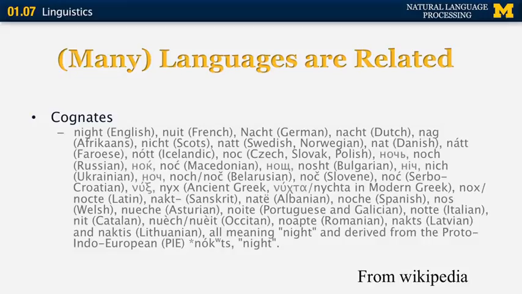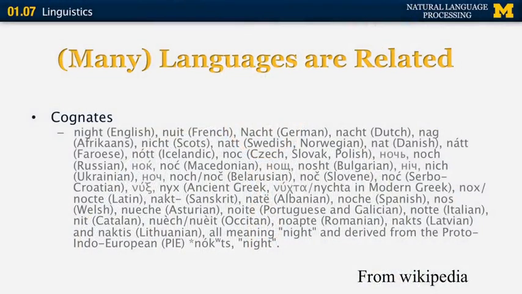Now, the other thing that you want to hear about linguistics is that languages are related. Not all languages are related to all other languages, but many languages are related to each other. So if you look at this slide here, you will see that the word for night in English is very similar to words in other languages, such as French and German, all the way to Albanian and Latin and Sanskrit.